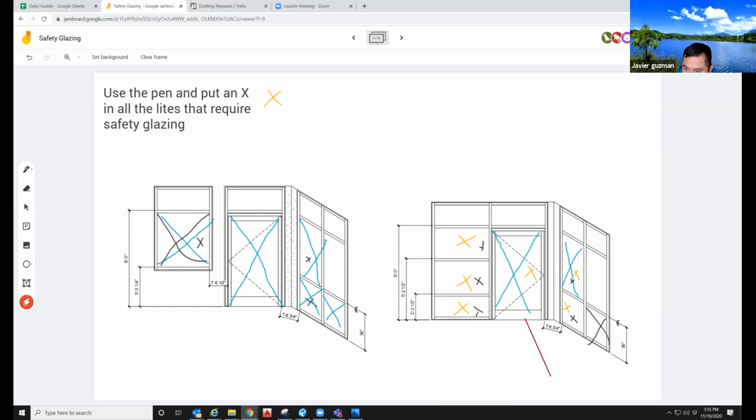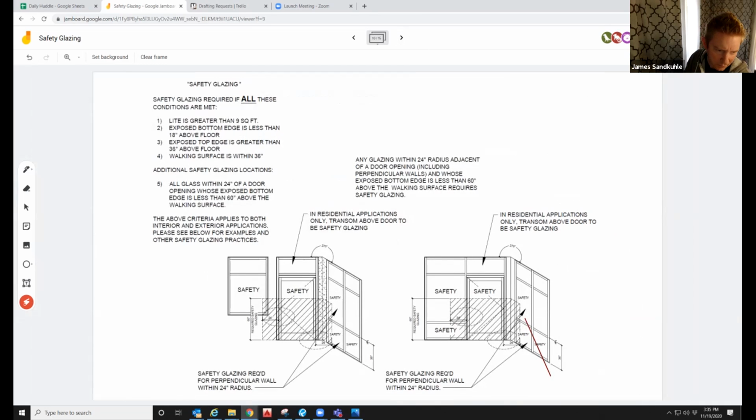Still within 24 inches from the door. But more than 36 inches. I mean, the 5 feet. Yeah, so some of you are partly correct. So Javier is partly correct. Yes, it is within 24 inches of a door. However, moving on to the next slide, slide 10, the danger zone is actually 60 inches from the ground.